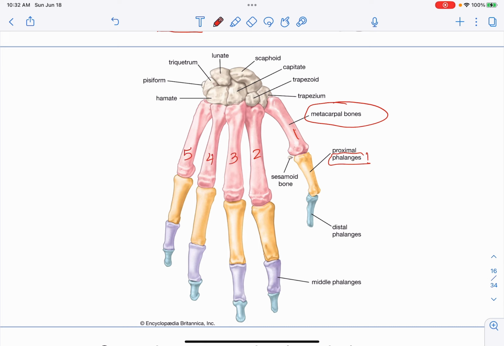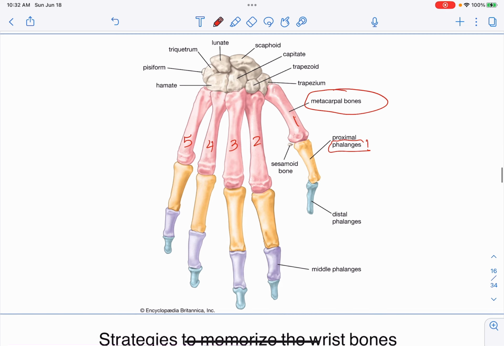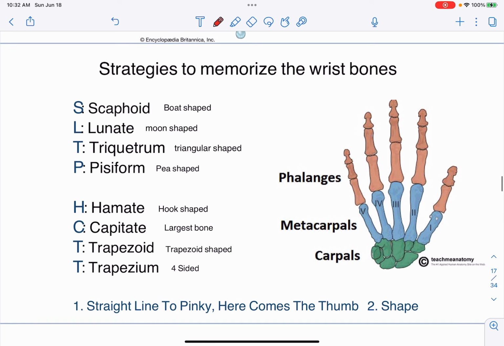All right, so now let's turn our attention to the carpal bones, and let me show you a way that I have memorized them. So this is a really great mnemonic because not only is the mnemonic specific to the bones, like it's not nonsensical. Some mnemonics have nothing to do with the subject at hand.